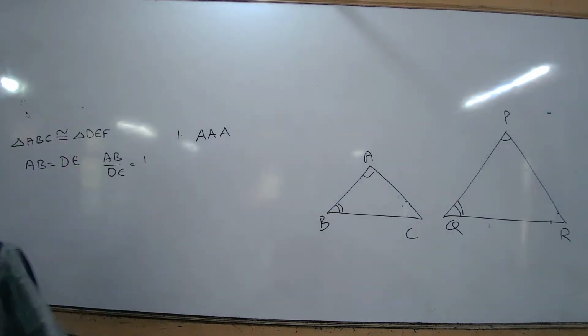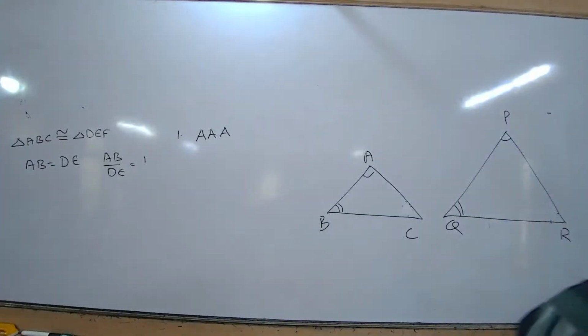Angle A equal to angle P, angle B equal to angle Q. That's it. Can you prove these two triangles similar? Yes or no? Riddhi, what do you think? Then prove it. Angles should be equal.